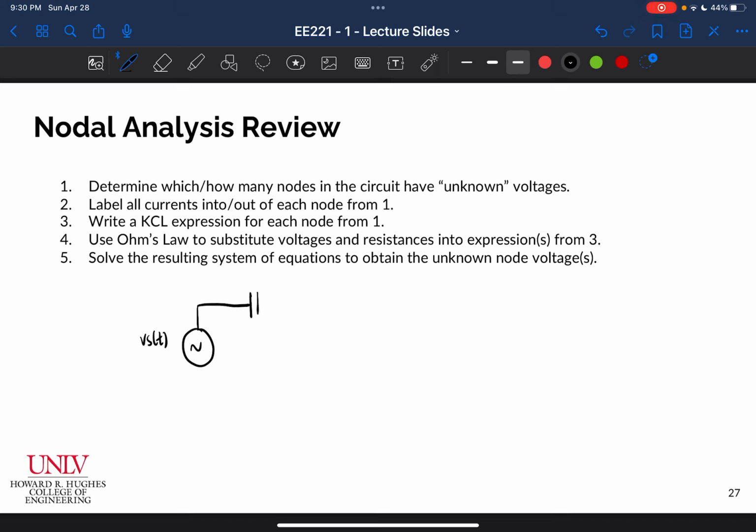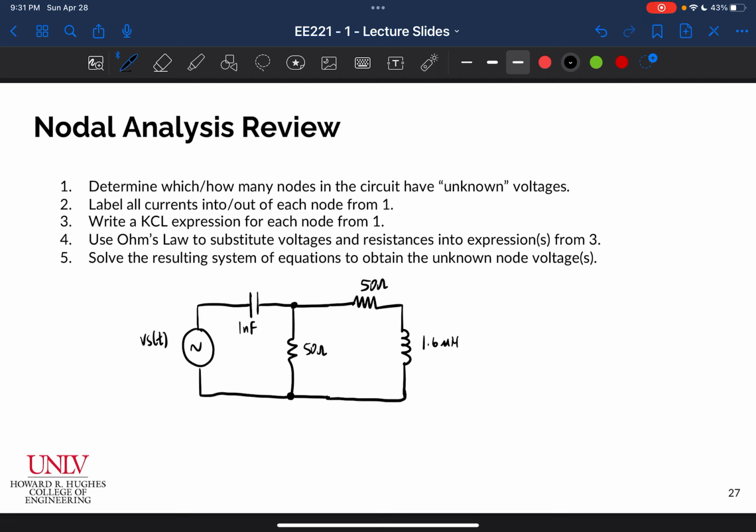I'm going to put a 1 nanofarad capacitor here, a 50 ohm resistor to neutral here, and then another 50 ohm resistor here, and a 1.6 microhenry inductor right here. And so we can label our three nodes. Let's just call them Vx of t, Vy of t, and Vz of t.